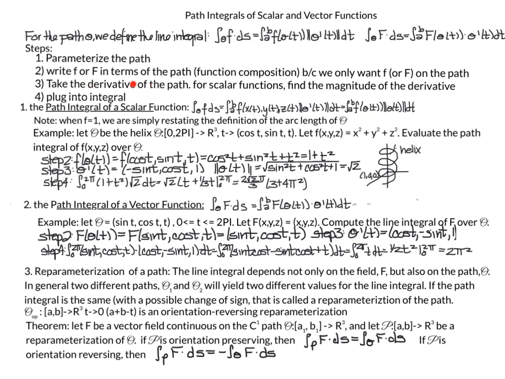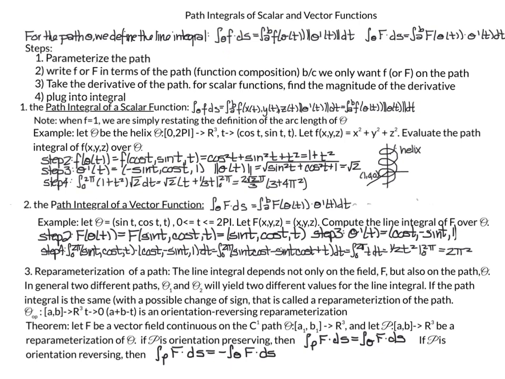The next step is to take the derivative of the path. And for scalar functions, which we have, we want to find the magnitude of the derivative. So taking the derivative of the path just term by term, our path is here. Derivative of cosine is negative sine, derivative of sine is cosine, derivative of t is 1. And then taking the magnitude, we get the square root of 2. And then step 4, I'm going to plug it into my formula for the scalar function.